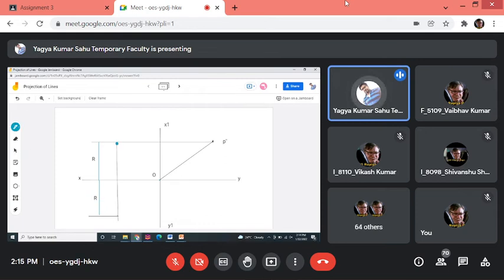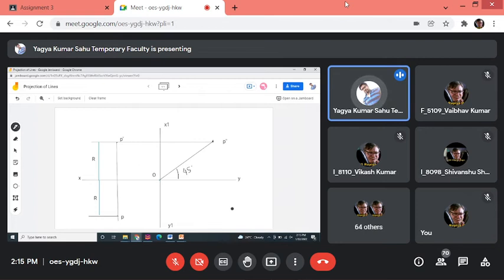In this way, you can locate P dash as well as P. P dash will come here because it is in the first quadrant. Single dash, not double dash. And what about the P top view, below this? And this angle is nothing but 45 degrees. Easy. This angle is nothing but 45 degrees.